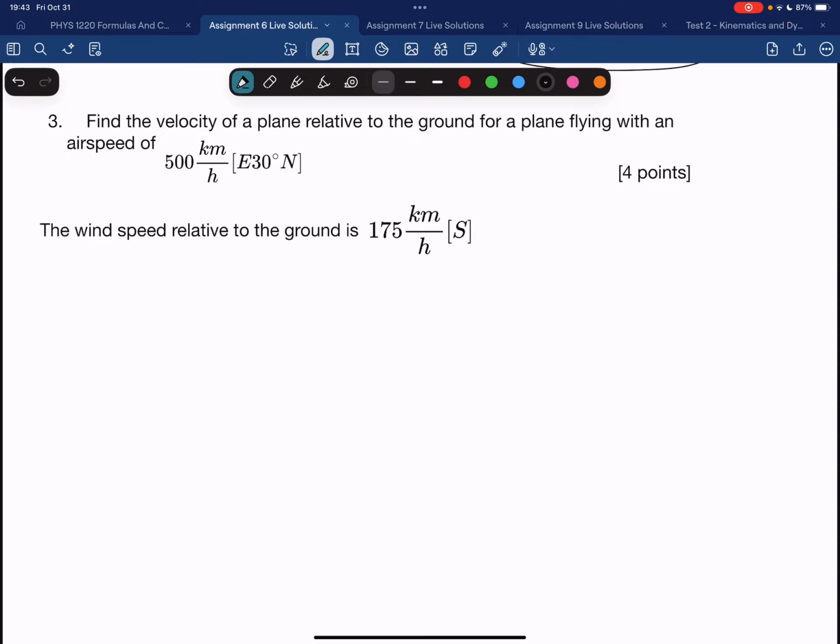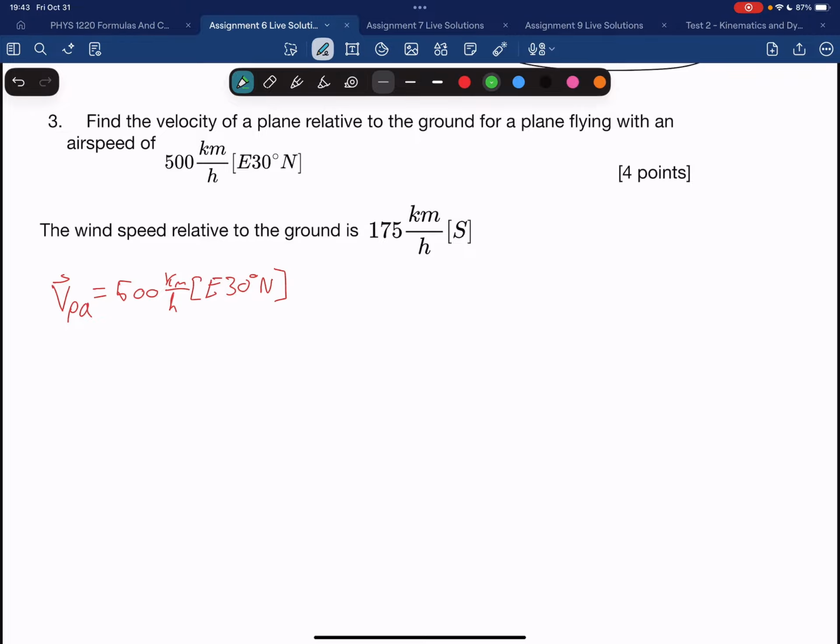So, first what I'm going to do is write down what I know. I know that the velocity of the plane relative to the air is equal to 500 kilometers per hour east 30 degrees north.